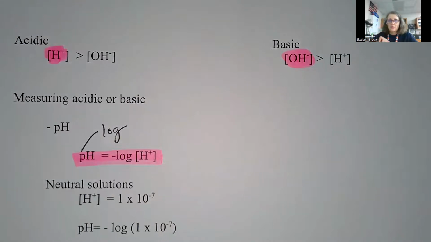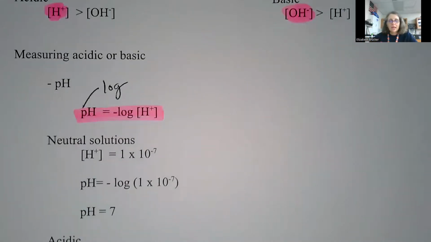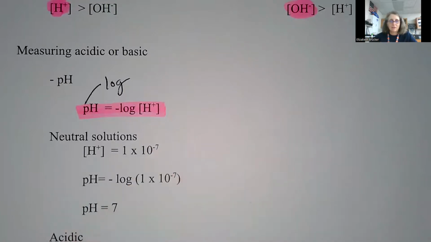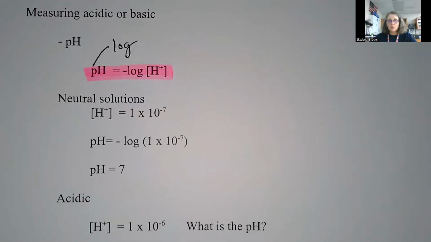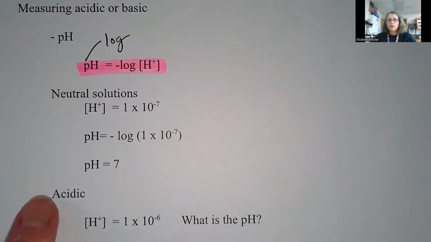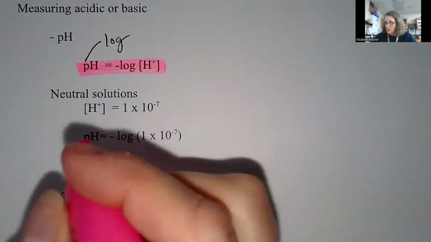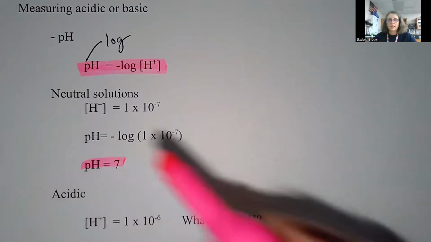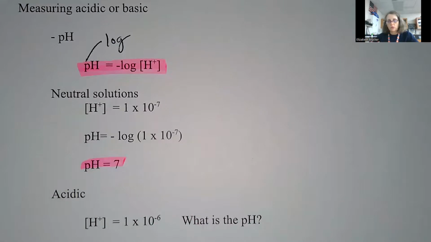We're not going to do anything besides that. So if I were to take a look at 10 to the negative 7th, and I put negative log of 1 times 10 to the negative 7th in my calculator, the log gets rid of that power of 10, and you get a pH of 7. That is why a lot of people say, oh, pH of 7 is neutral, but only at 25 degrees Celsius. That is where it's a little bit different.